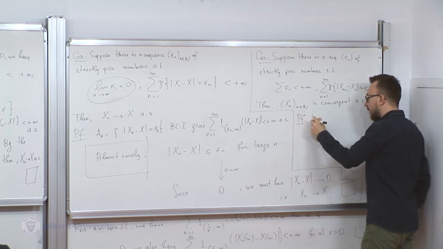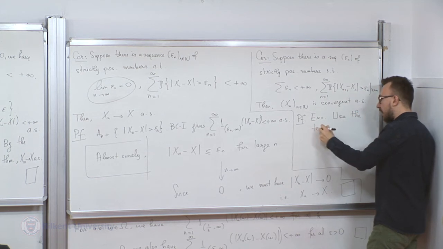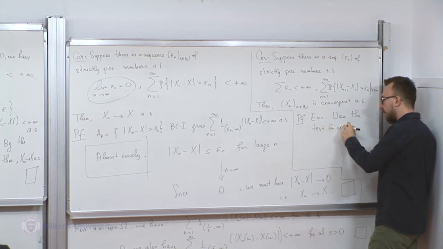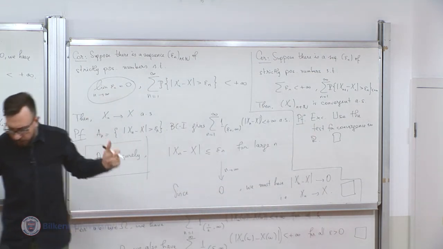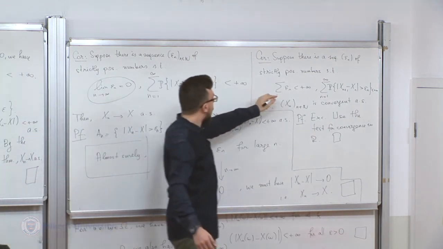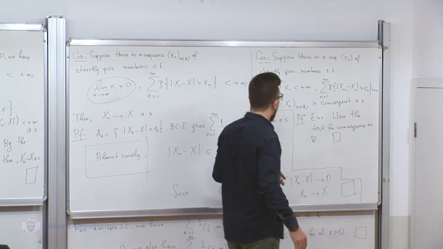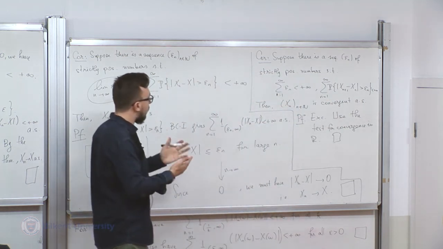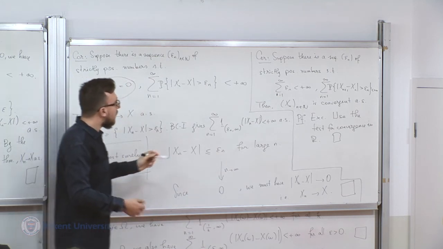And I will leave it as an exercise, but you should use the test for convergence in real numbers. We stated some test for convergence, which really looks like this: the sum of epsilon_n's is finite, and we have a property to check for convergence of real numbers.